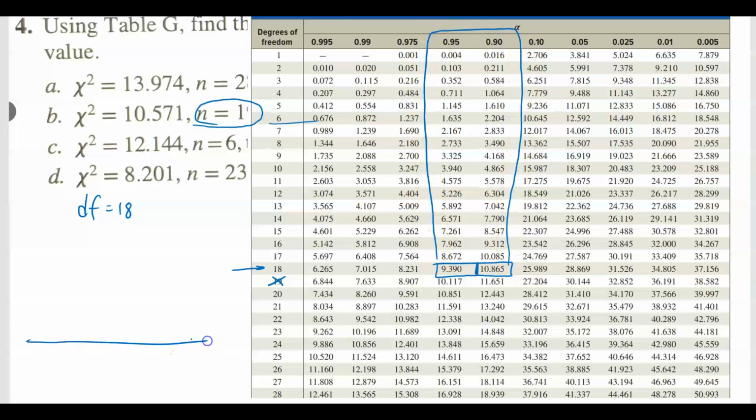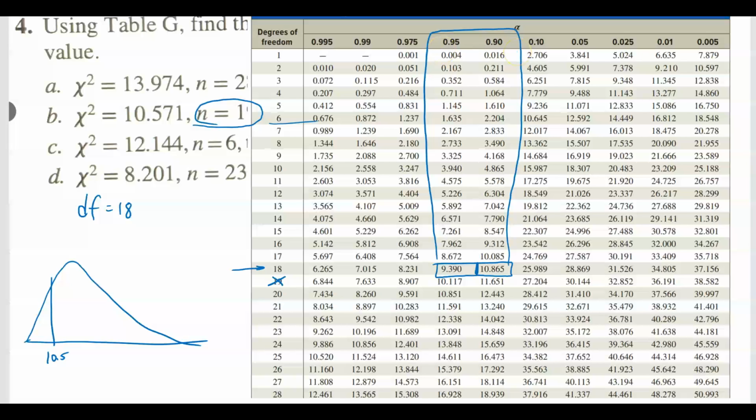And again, this is a left value. So this value of 10.5, what is the probability of getting it? Well, the probability of getting this should be anywhere between 5 and 10%.